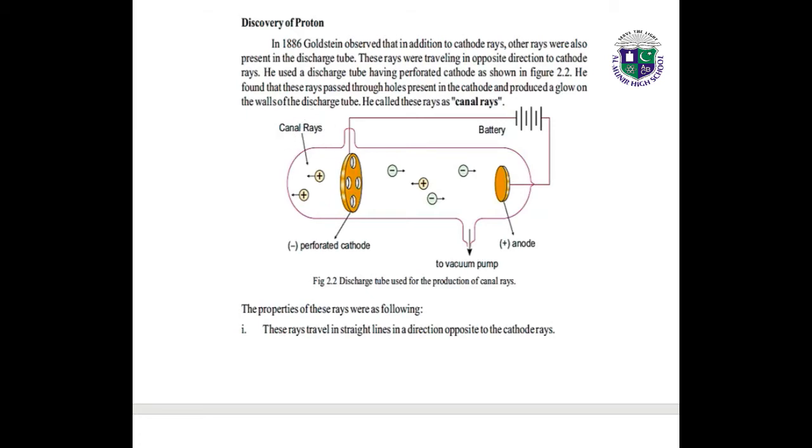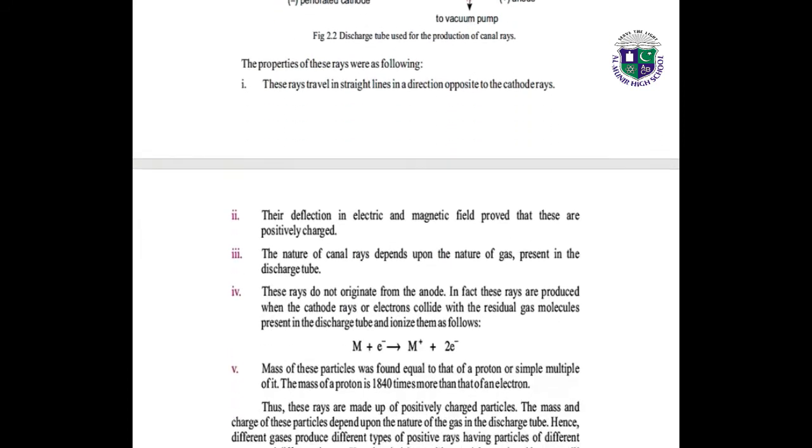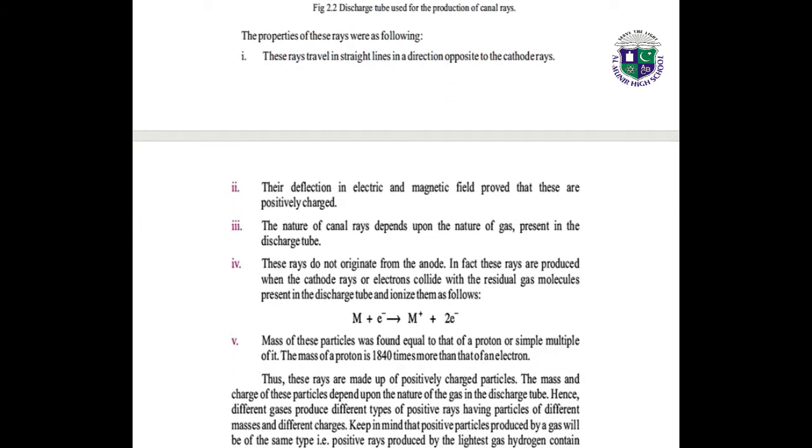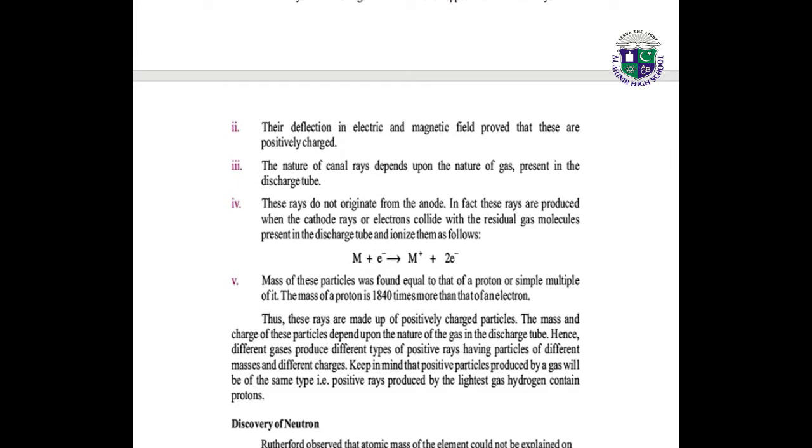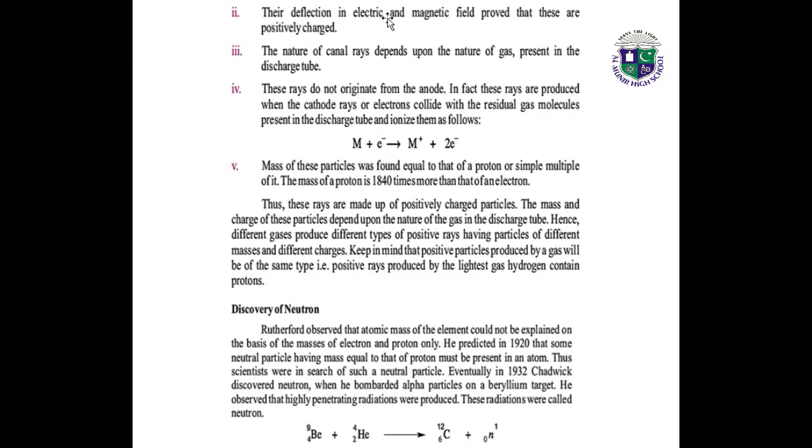What were the properties of these rays? Yes, these rays travel in straight lines in a direction opposite to the cathode rays. Their deflection in electric and magnetic fields proved that they are positively charged. The nature of canal rays depends upon the nature of the gas present in the discharge tube, and these rays do not originate from the anode.